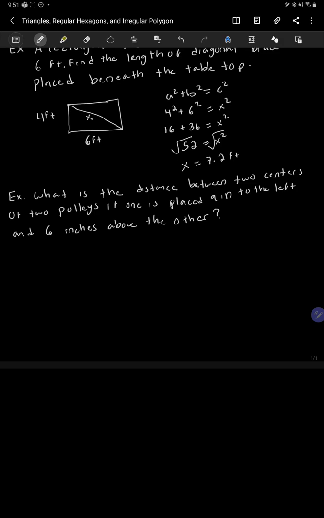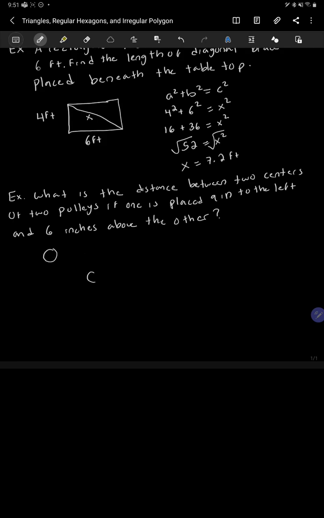Okay, so let's look at this next example. What is the distance between the centers of two pulleys if one is placed 9 inches to the left and 6 inches above the other? So what does that mean? We have one of our pulleys right here on the top.